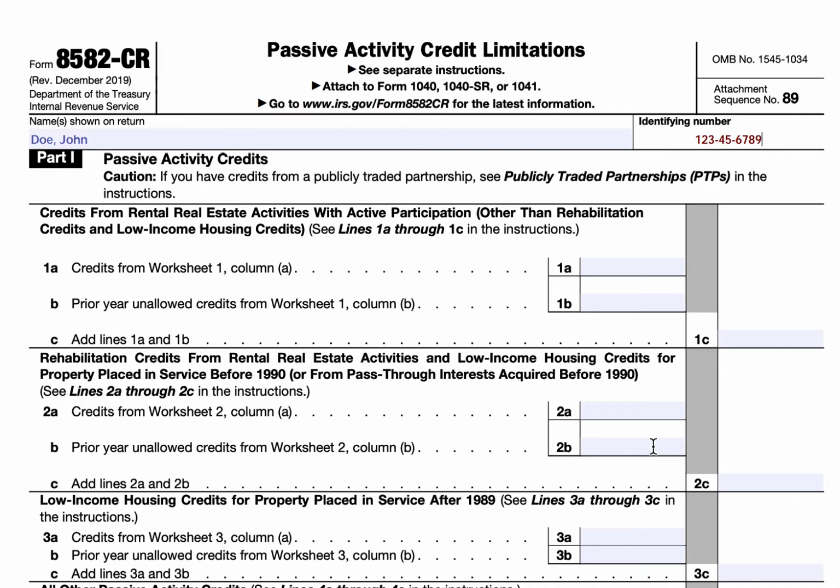Those are general business credits, the low-income housing credit, and the qualified electric vehicle credit, respectively. So you'll be able to input any of those credits that might be applicable to your passive activity.